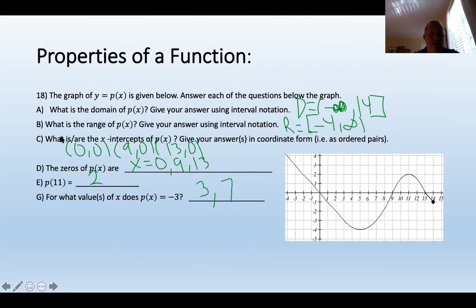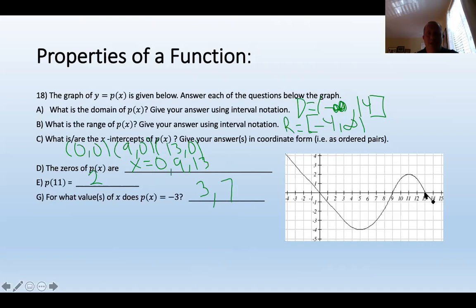C says, what are the intercepts of p of x? Give your answers in coordinate form or ordered pairs. So the x-intercepts are where the graph crosses the x-axis, and you want to write those as ordered pairs. So the graph crosses the x-axis right here at 0, 0. It's also crossing the x-axis right here at 9, 0.